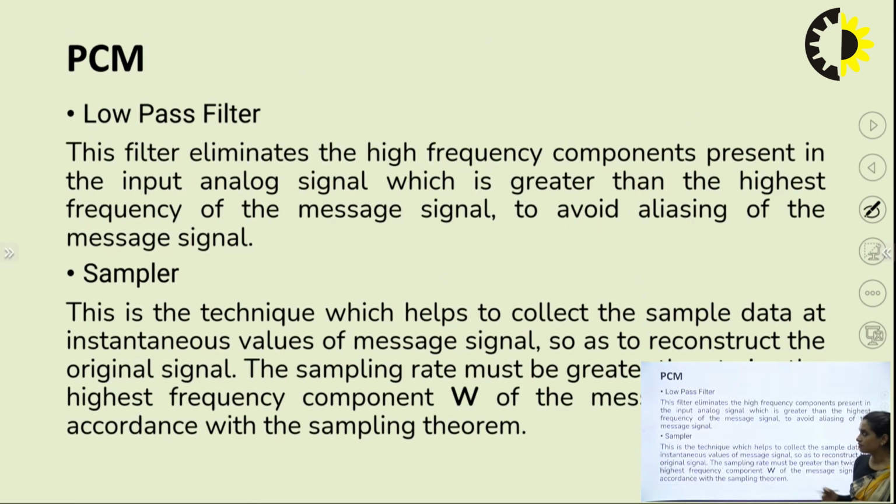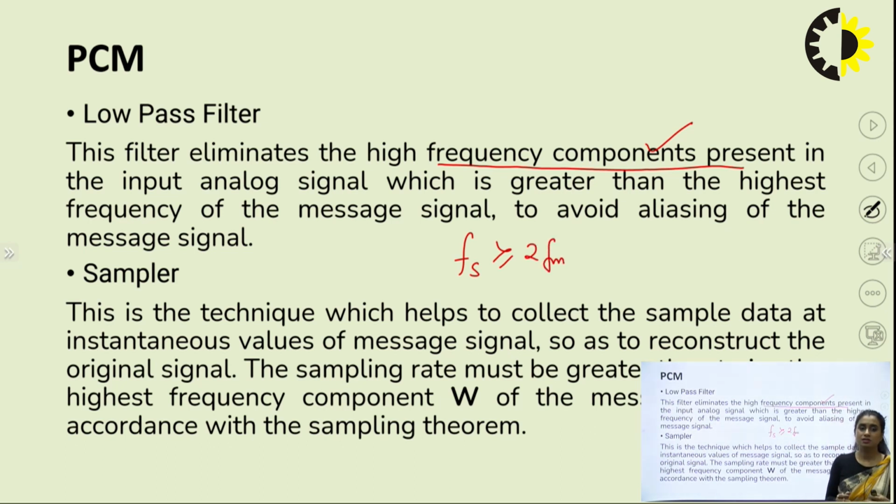What is the job of the low pass filter? My low pass filter eliminates the high frequency components present in the input analog signal, which are greater than the highest frequency of the message signal, right? We know that before sampling I have to check that my sampling frequency must be greater than or equal to twice the maximum frequency content of the message.